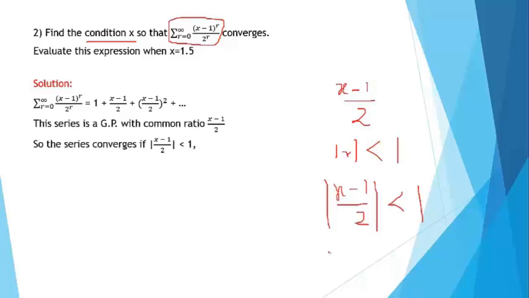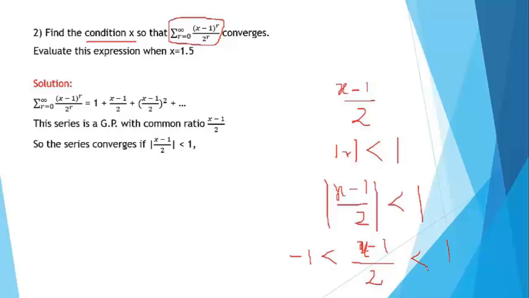So if it is modulus, the value inside the modulus can be negative or positive. So we can write the next step as (x take away 1) over 2 is in between negative 1 and 1. So we get an inequality.